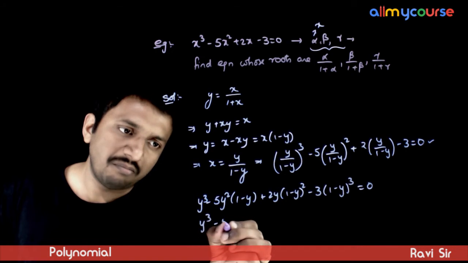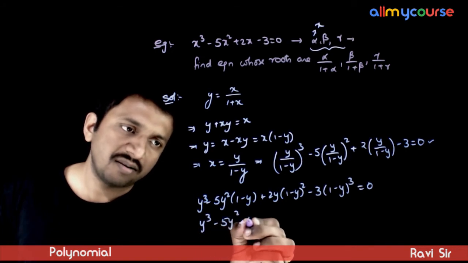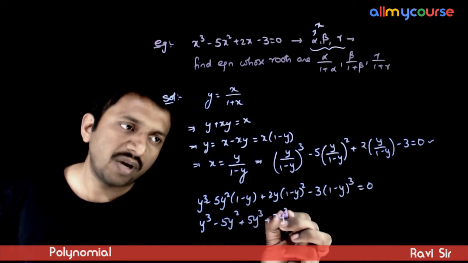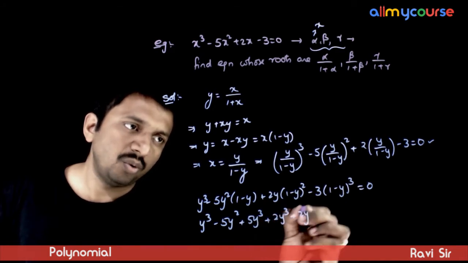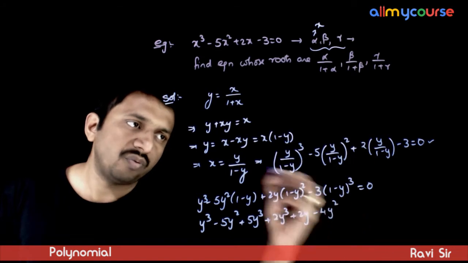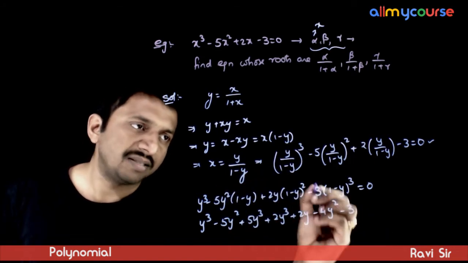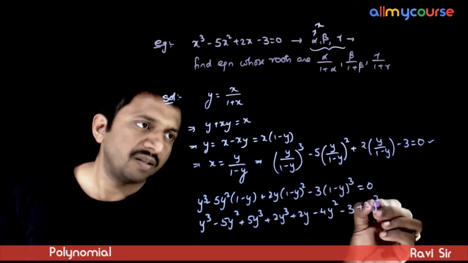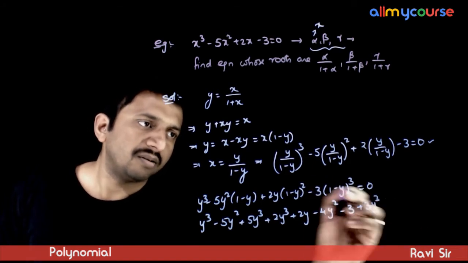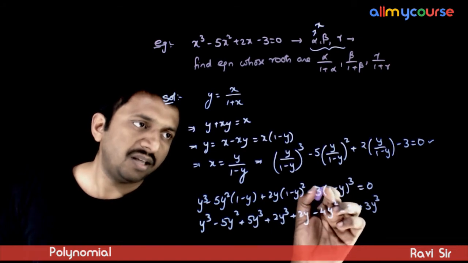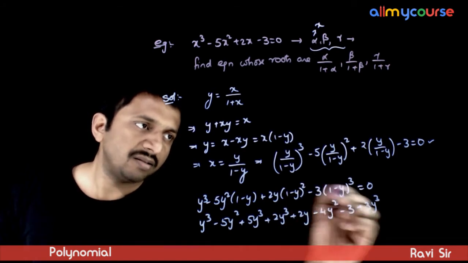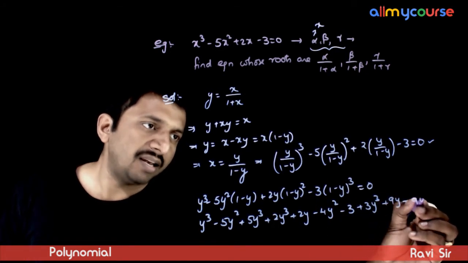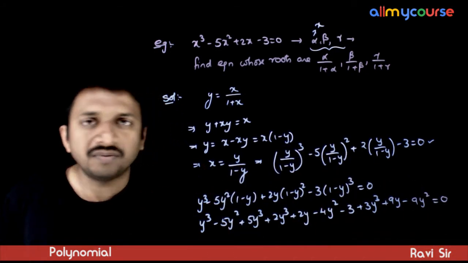y cube minus 5y square plus 5y cube plus 2y cube plus 2y minus 4y square minus 3 plus 3y cube minus 3y, so plus 9y minus 9y square is equal to 0.